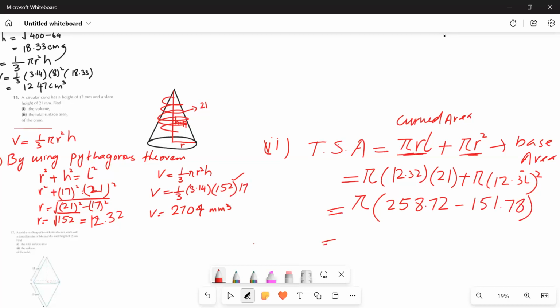Subtract this, 258.72 minus 151.78. Then it is 106.94. Okay, now put the value of pi here. 106.92 multiply 3.14. What is the answer? 335.7288.